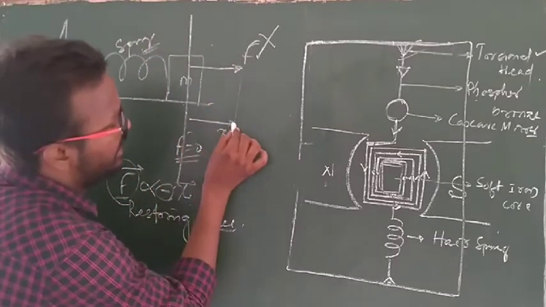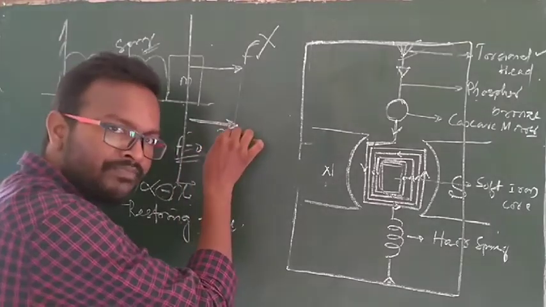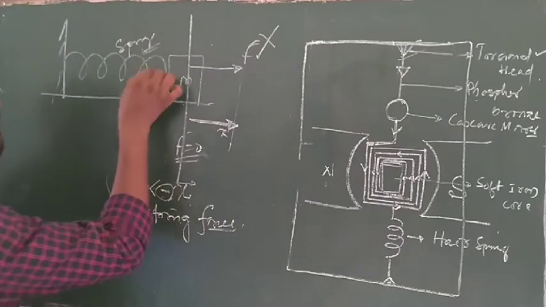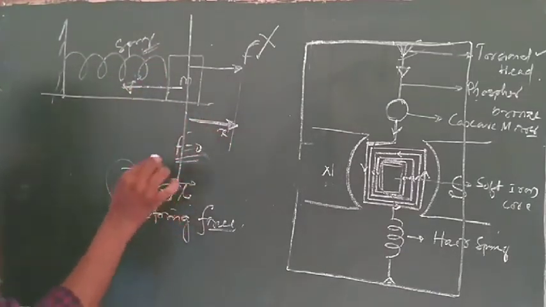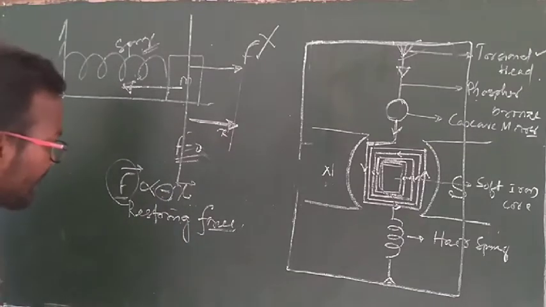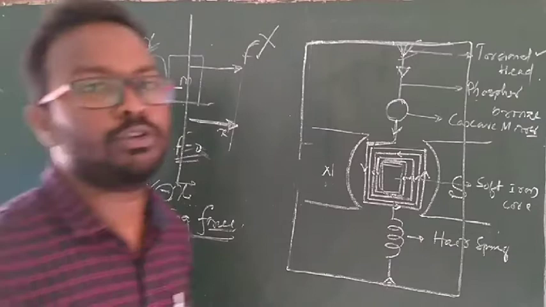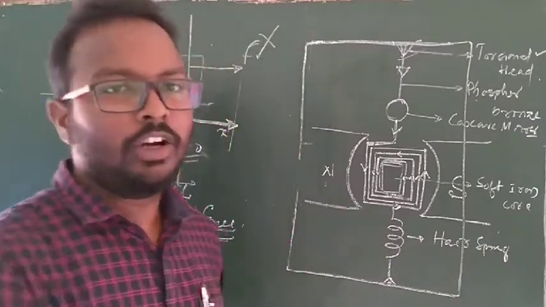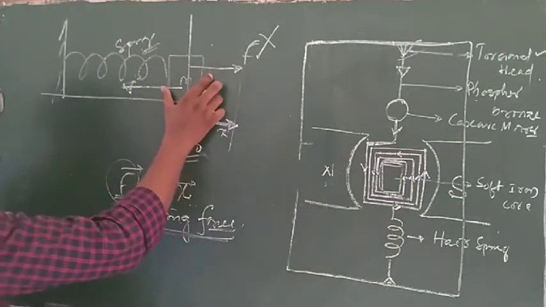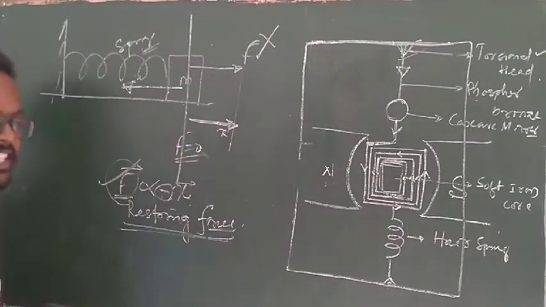If the extension of the spring is in this direction, then the restoring force developed inside the spring is opposite to the displacement. What is restoring force? Restoring force is the force which tries to bring the block back to its initial position.